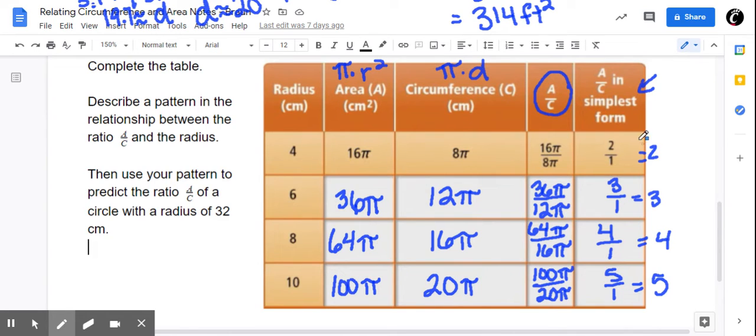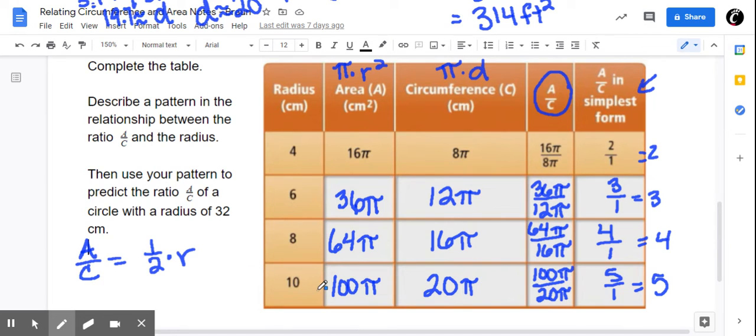If you look, 2 is half of 4, 3 is half of 6, 4 is half of 8, 5 is half of 10. So what we are seeing here is that A over C, I'll write that over here, is equal to 1/2 times radius.